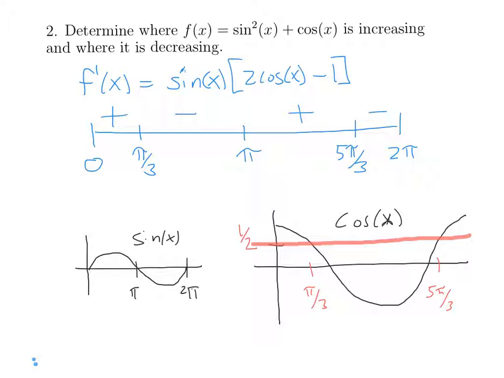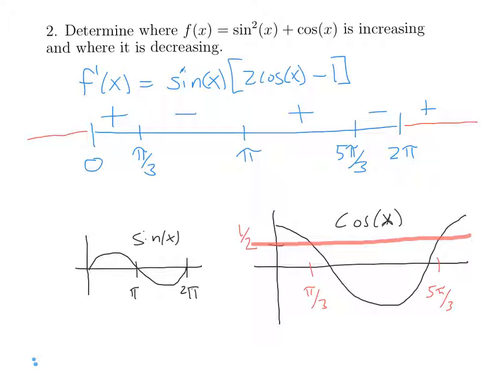And one of the things I'd really like to highlight is, because it's periodic, we know exactly what would happen if we extended this chart a little bit to the right or to the left. Just to the right of 2 pi, we are going to see the exact same answer we saw just to the right of 0. And so we know that our function's derivative is going to be positive right there.